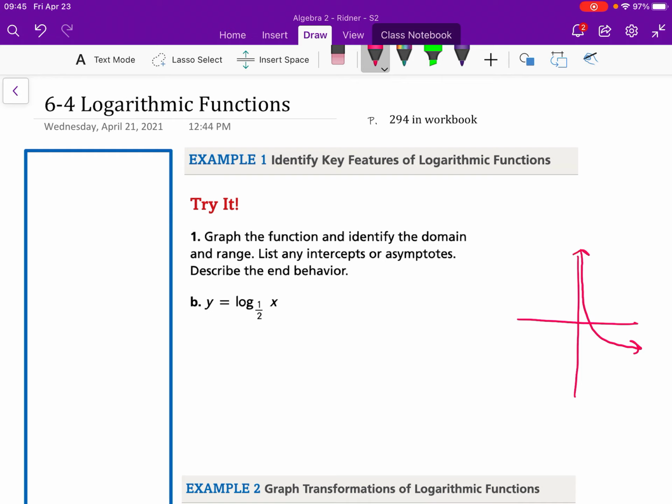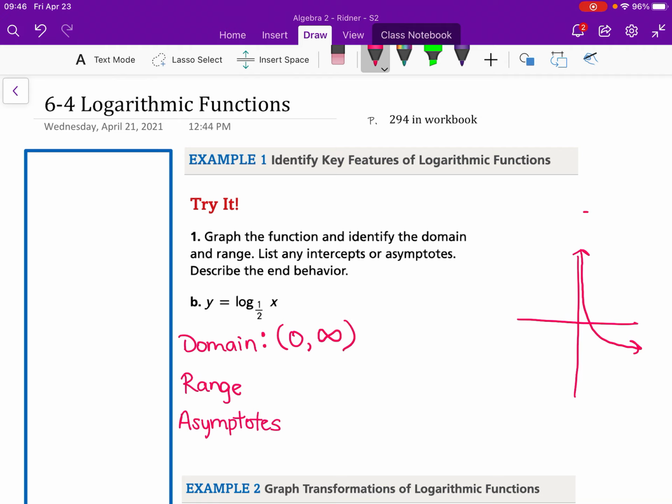So when I talk about all the things here, let's see, domain, range, asymptotes, then what I'm looking at is the domain starts at 0, but it doesn't actually touch 0.